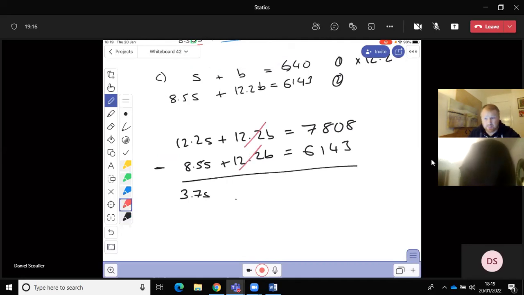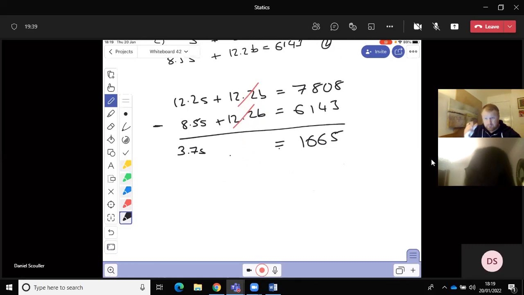Second terms cancel each other out, so 12.2B minus 12.2B cancels each other out. Last term, 7808 minus 6143 becomes 1665. So we just go through, we solve that.